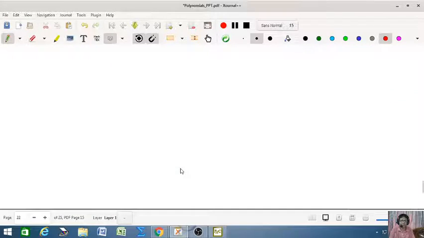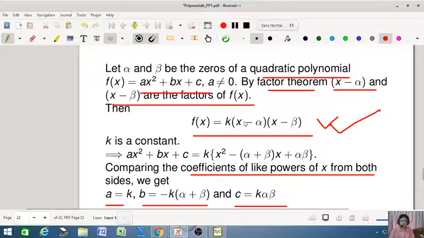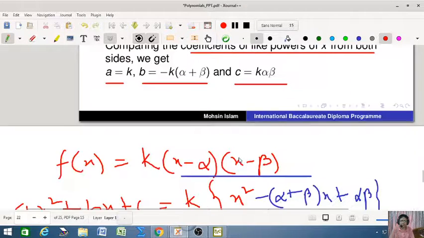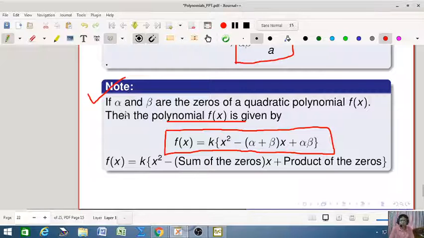That we have from the factor theorem and all that. So you have a ready formula for solving problems. If you know the zeros only, you can find out the polynomial by this, f(x) equal to this. Okay, got it?